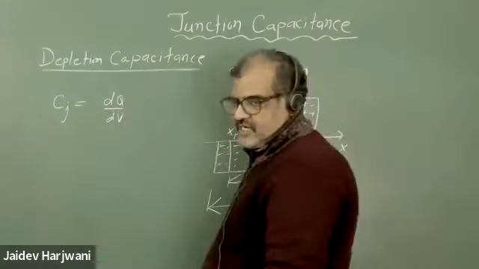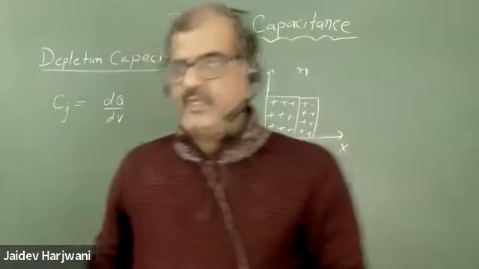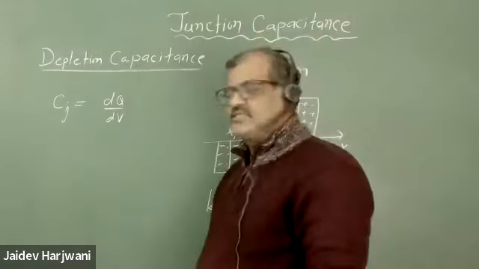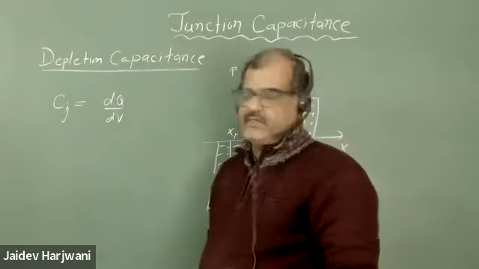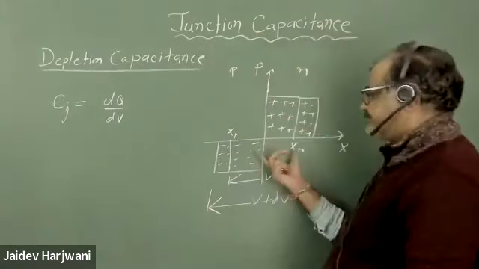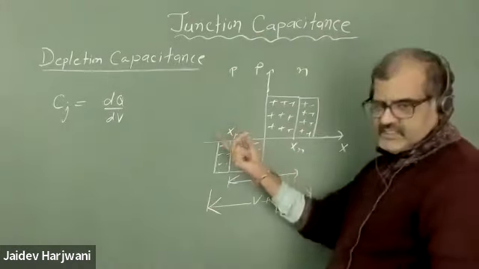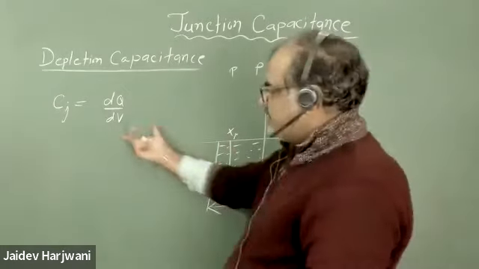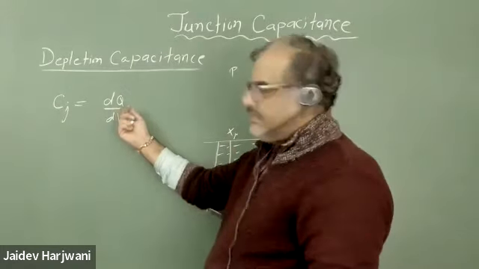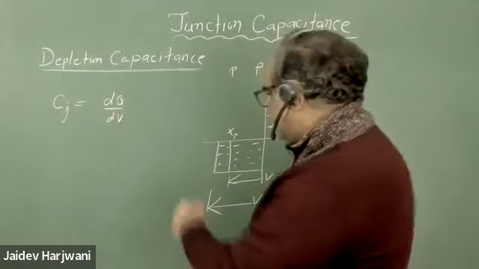Whenever your charge varies with voltage, that system gives you a capacitive effect. Here also, because width is changing with voltage, either decreasing or increasing, you have a capacitance effect in this system.